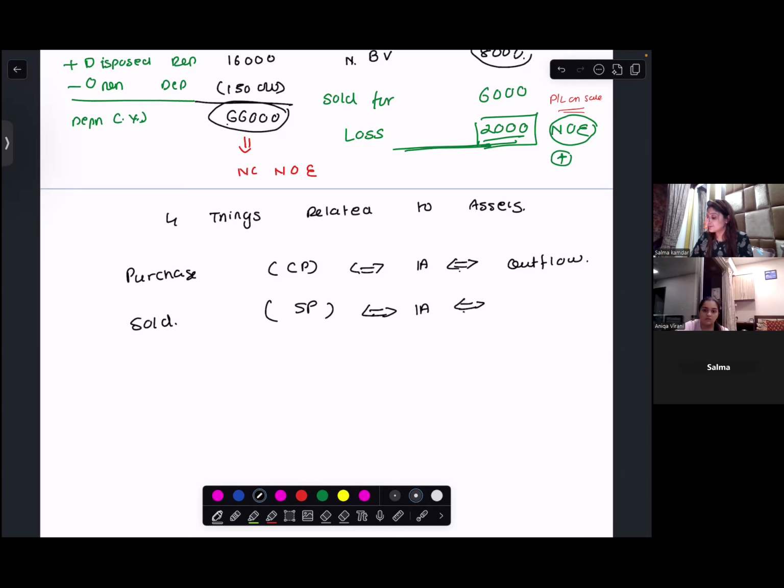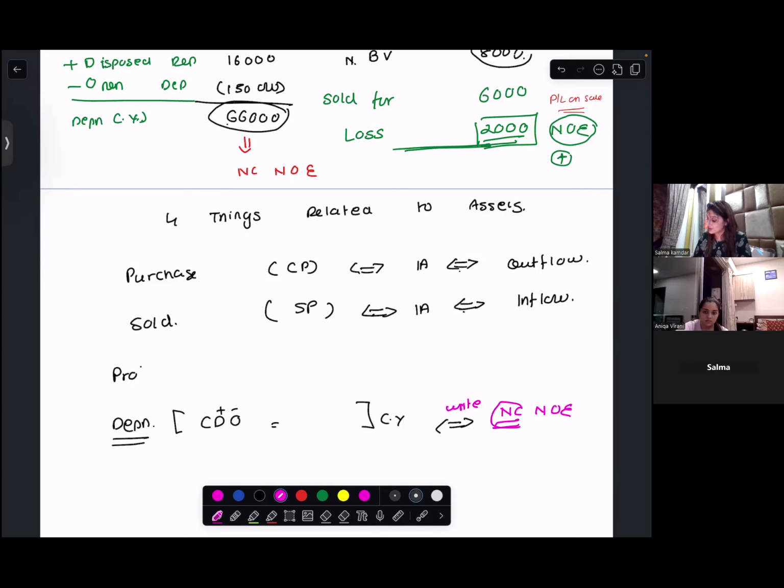Then depreciation: closing balance plus disposed minus opening balance gives depreciation for the current year. You write it in non-cash, non-operating expenses.